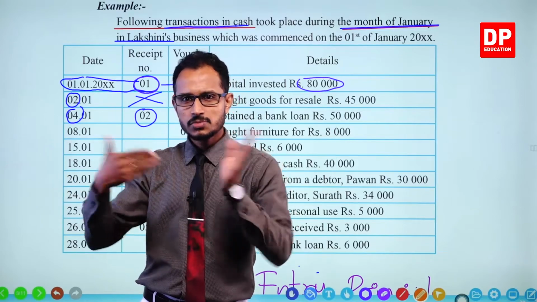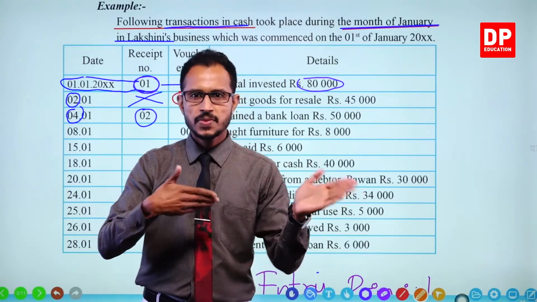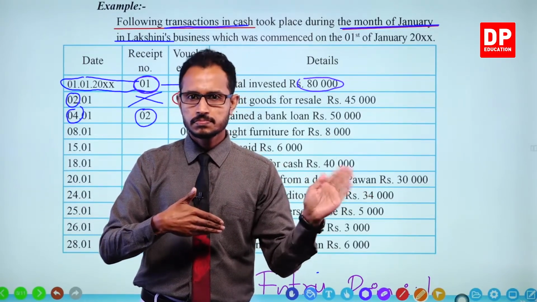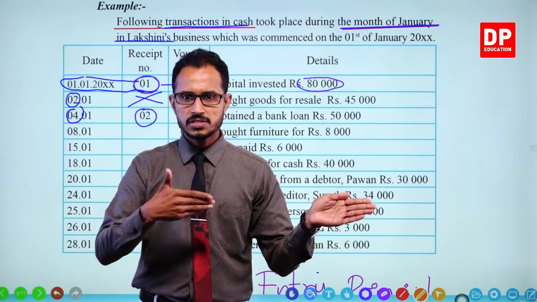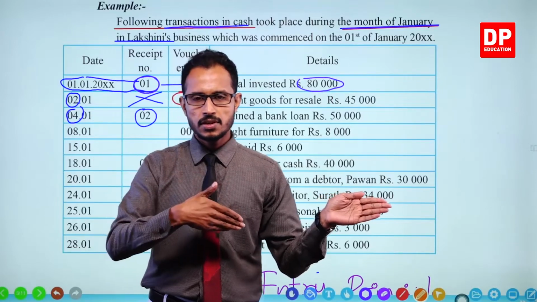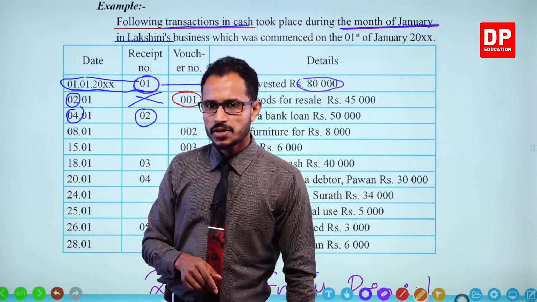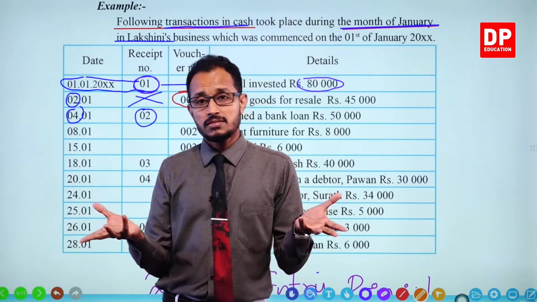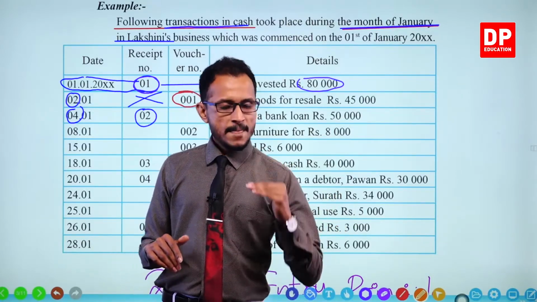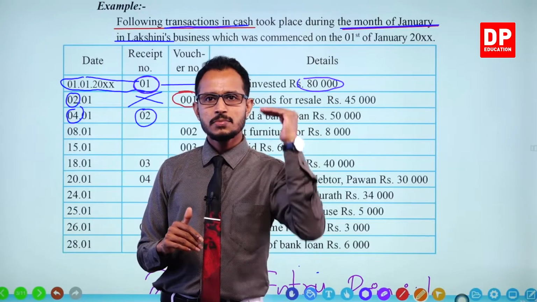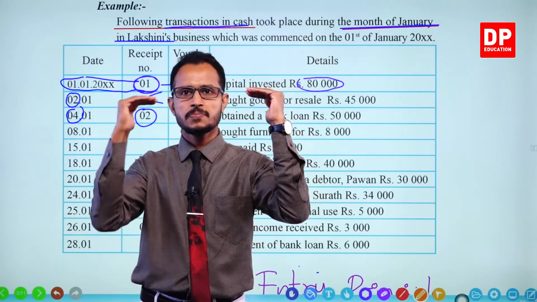What does it mean? Cash comes in, right? Ins are always debited. Cash increase, cash in, debited. And what is the other entry? It's a liability. Taking a bank loan means it's a liability. Cash increases, at the same time liability increases.